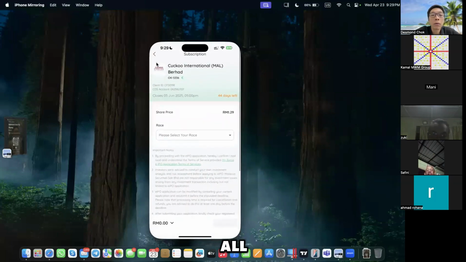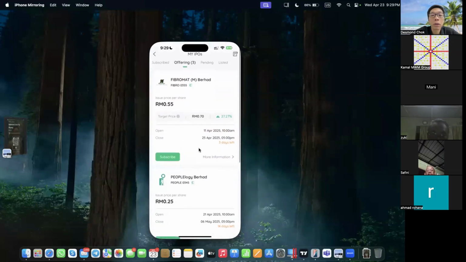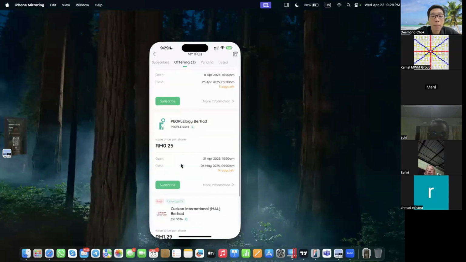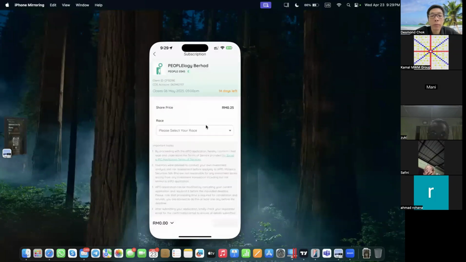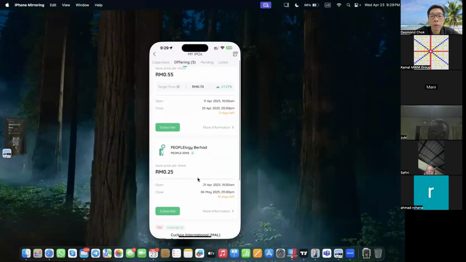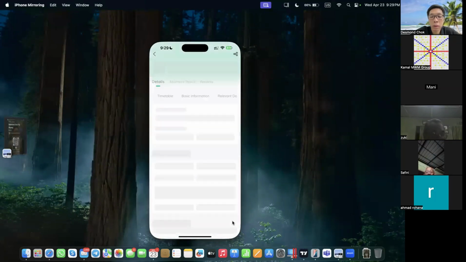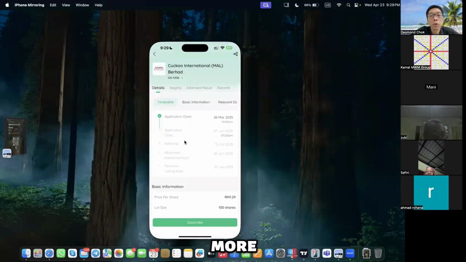Other than that, all the information, IPO transaction, more information. Under more information, you can see all the timetables lah, the details here.